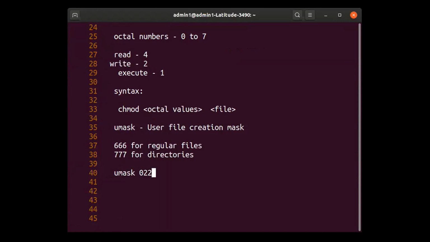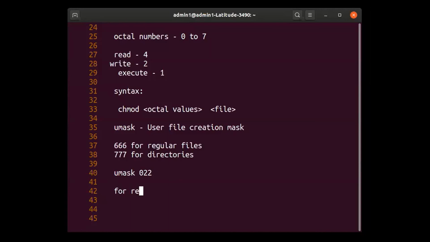Got it? Now, for a regular file, what is the value? The default permission is 666. Watch out. For regular files, the default permission is 666. I'll put it very systematically for you.